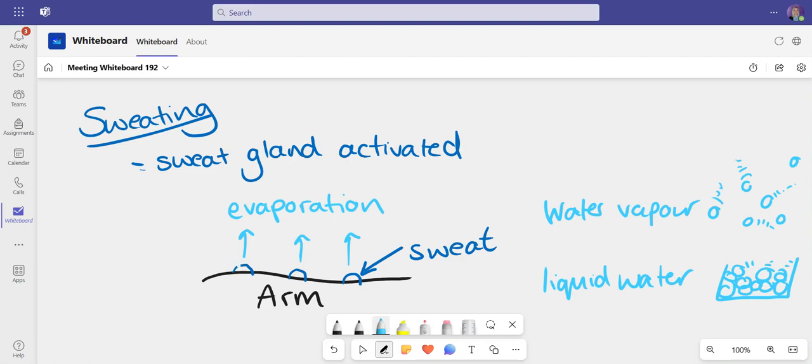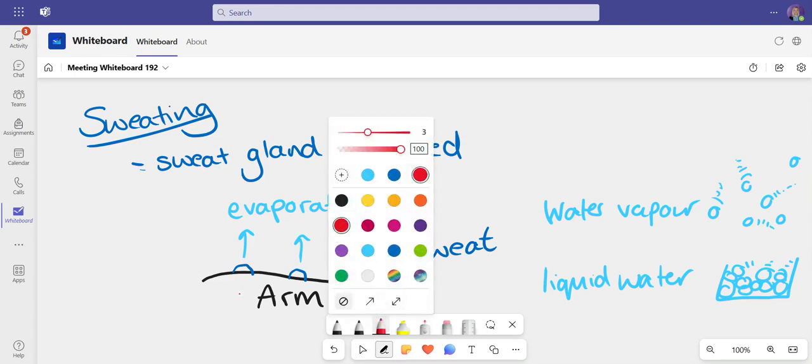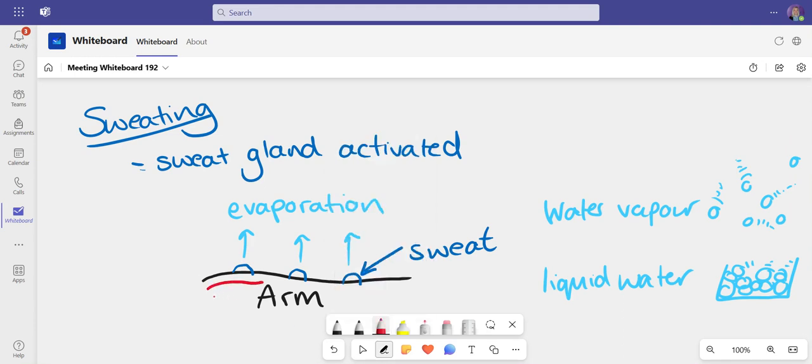And the place where they get the energy from is from the heat in your blood. Okay, and therefore, if the heat is transferred from your blood into those water molecules, it leaves your blood in your arm with less heat energy, and therefore it cools you down.